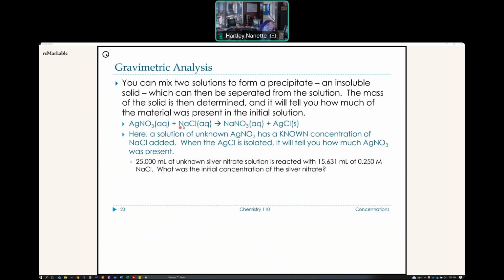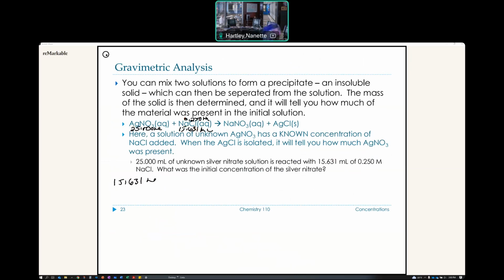So we know 15.631 milliliters, and I know that this is 0.250 molar. And I know that I have a 25.000 milliliter sample of this. So I'm going to start with the one I had the most information about.